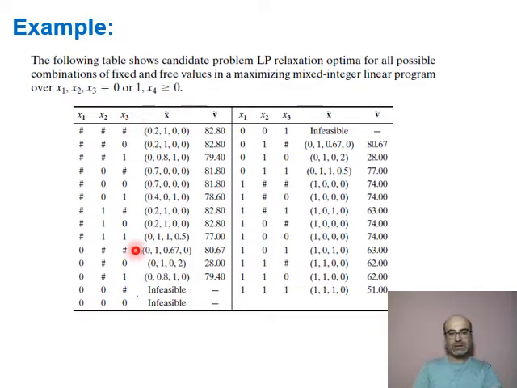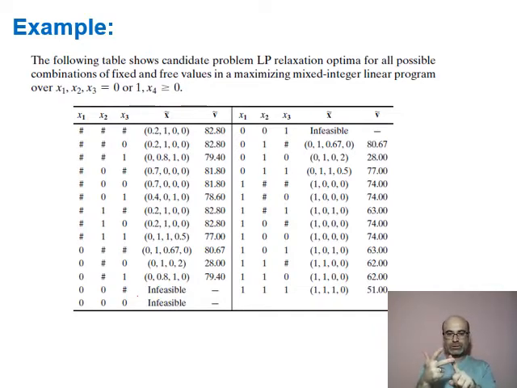And you see in this table, we are given all possible combinations for these fixed and free decision variables: fixed to 0, fixed to 1, or free. So each variable in fact has three alternatives.